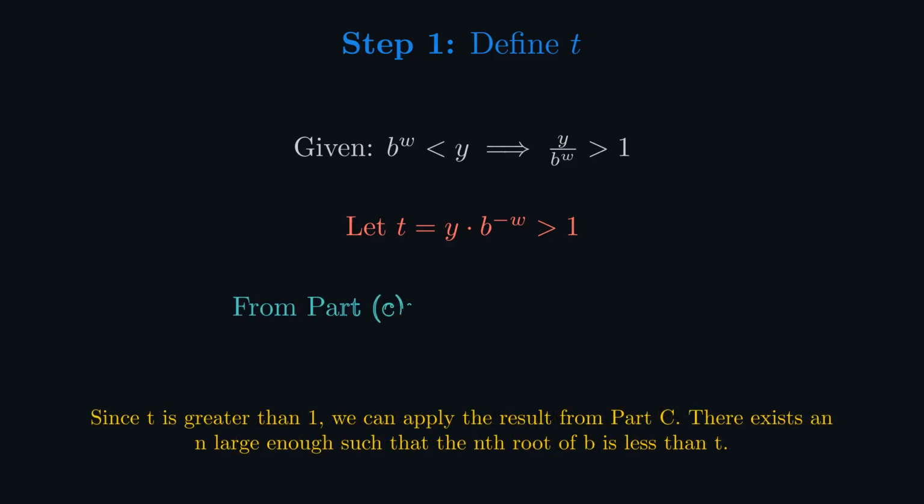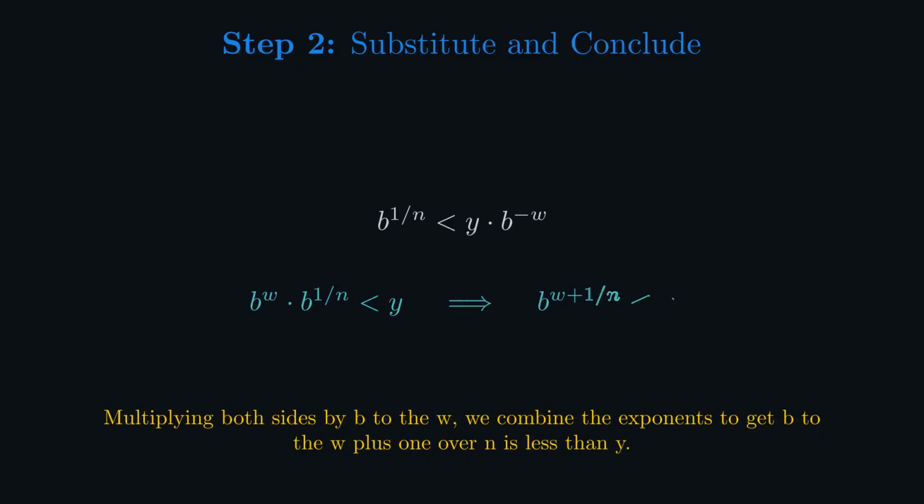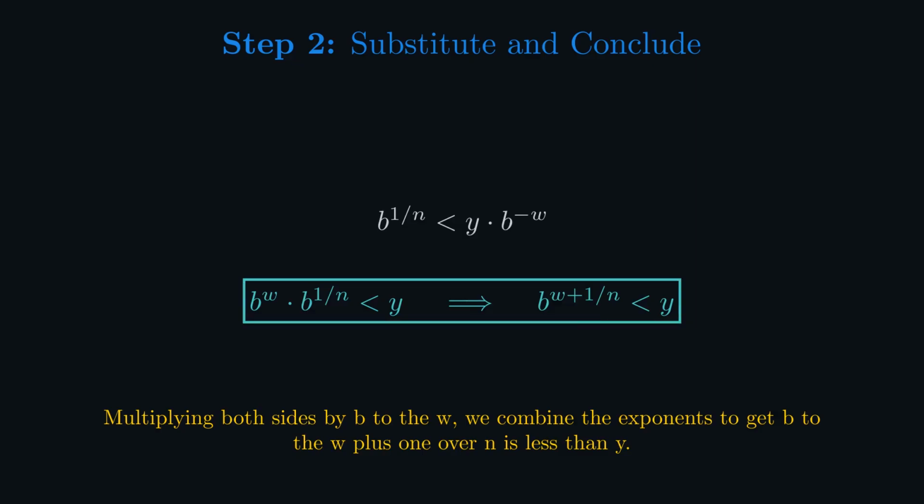Since t is greater than 1, we can apply the result from part C. This guarantees the existence of a sufficiently large integer n such that the nth root of b is less than t. Substituting t back into our inequality and rearranging terms, we confirm that b raised to the power of w plus 1 over n is indeed strictly less than y. This completes part D.